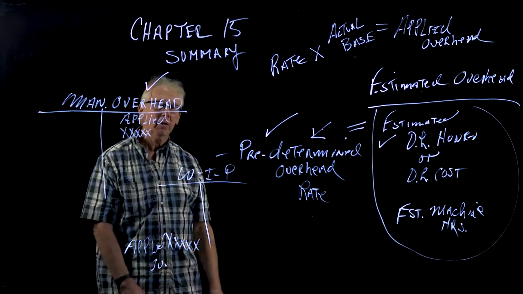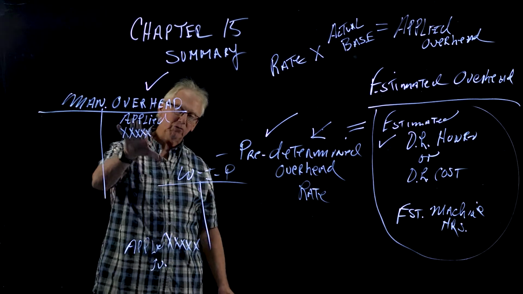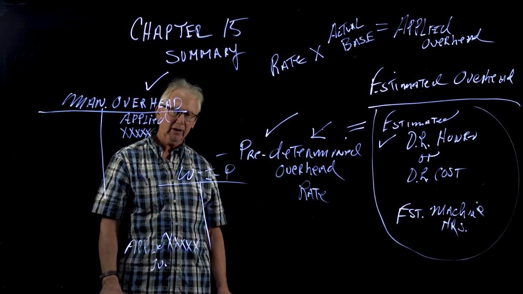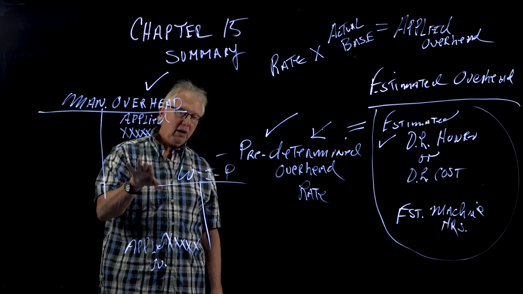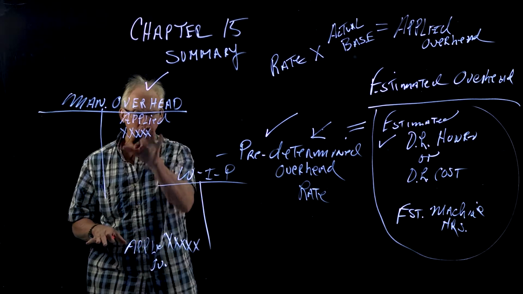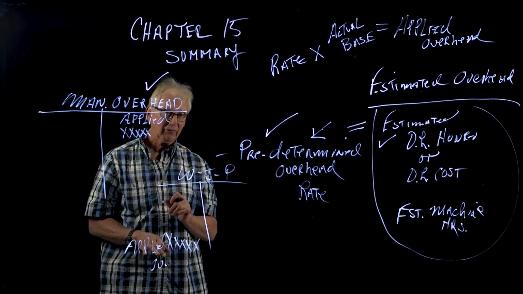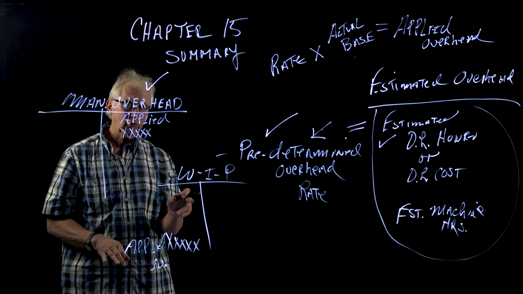Okay, that's the entry we make. We debit work in process, we credit the manufacturing overhead account. Now, you have to remember that when you're applying overhead to work in process, you're always going to credit manufacturing overhead.